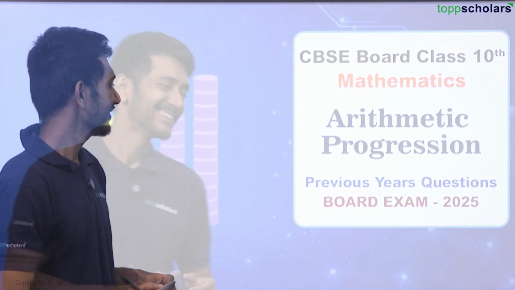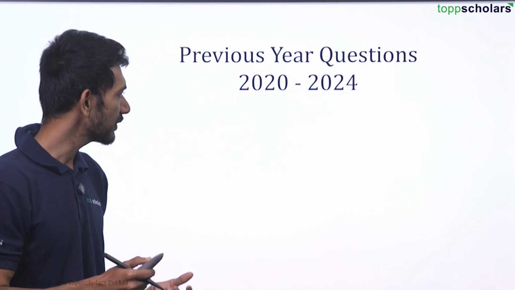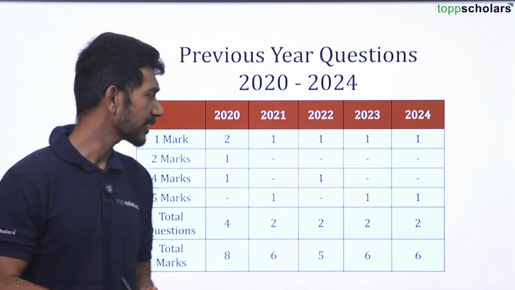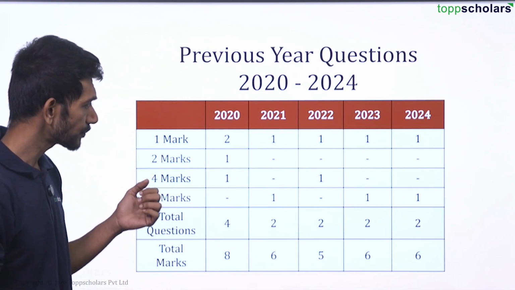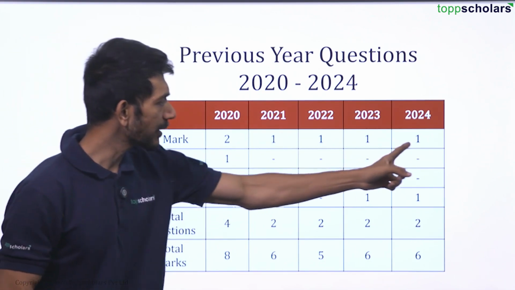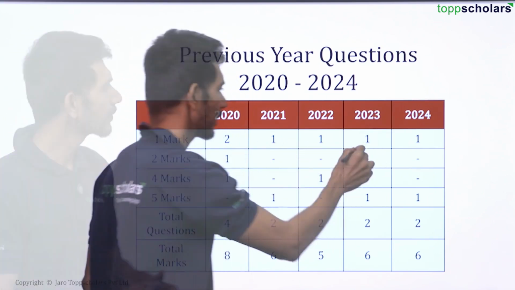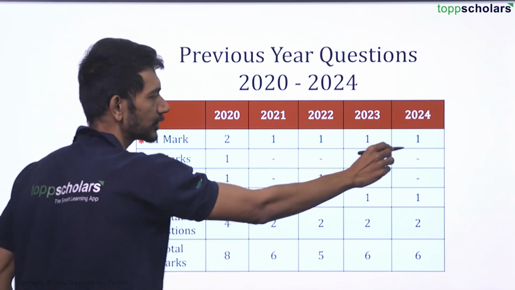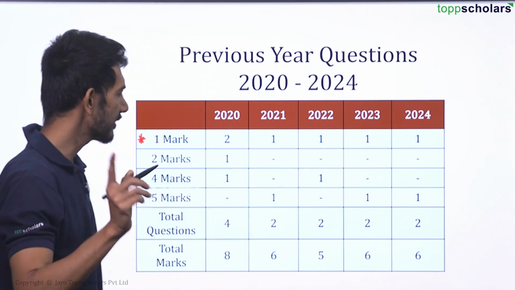So let's begin. Let us analyze how many questions were asked previously from 2020 all the way to 2024 in arithmetic progression. A 1 marker is compulsory, so every year a 1 mark question is for sure asked in the exam.